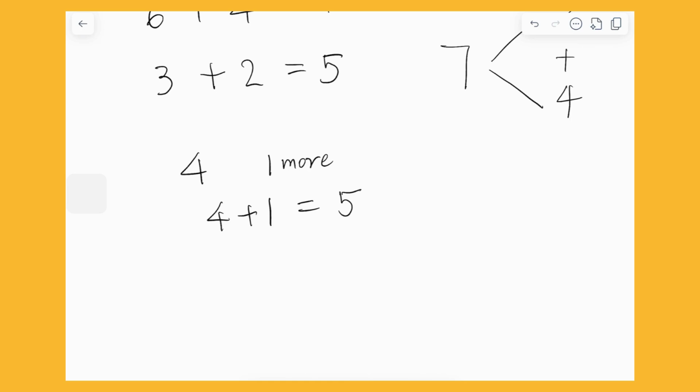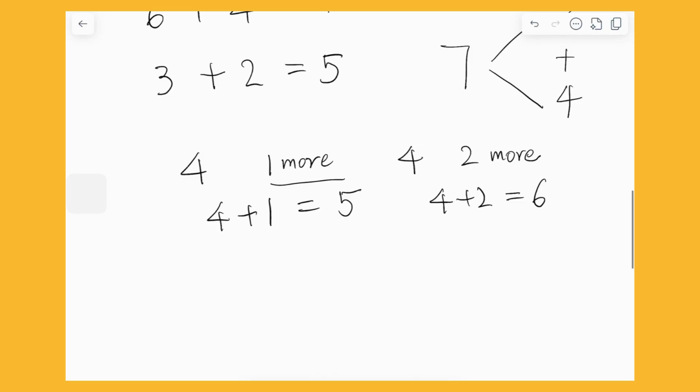Okay, so if we say instead of 1 more there, we say 2 more. Okay, again we have 4 there, so 2 more. So that's 4 plus 2 equals to 6, right? And we can have 3 more, 4 more, and think about how you can calculate that.